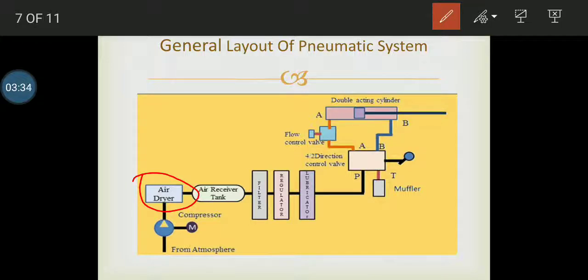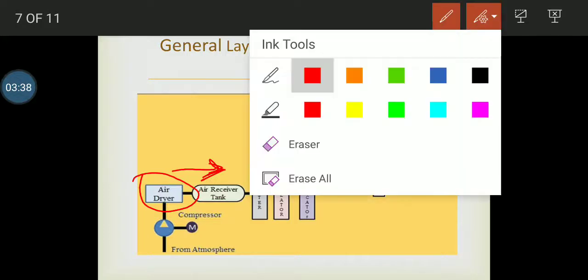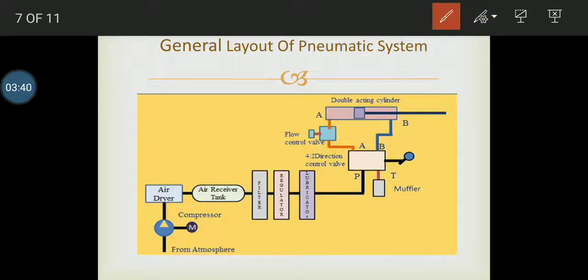Once the air dryer stage is completed, the air moves further to the air receiver tank. It is actually a storage tank. We store the pressurized air so that, as per the requirement, we can use that air without wasting it or dropping the pressure of the air.